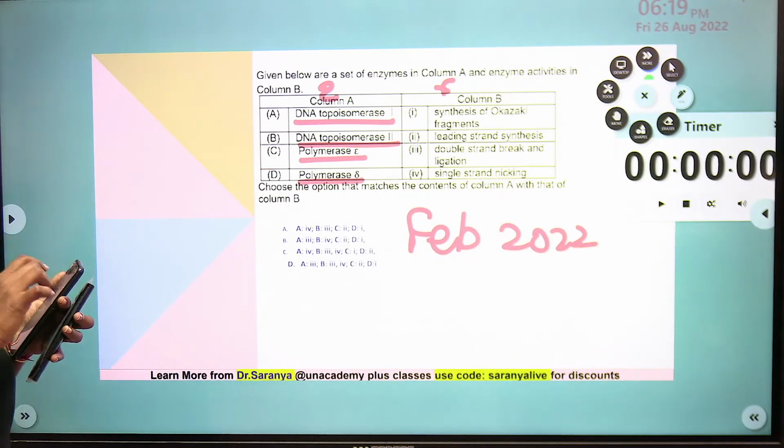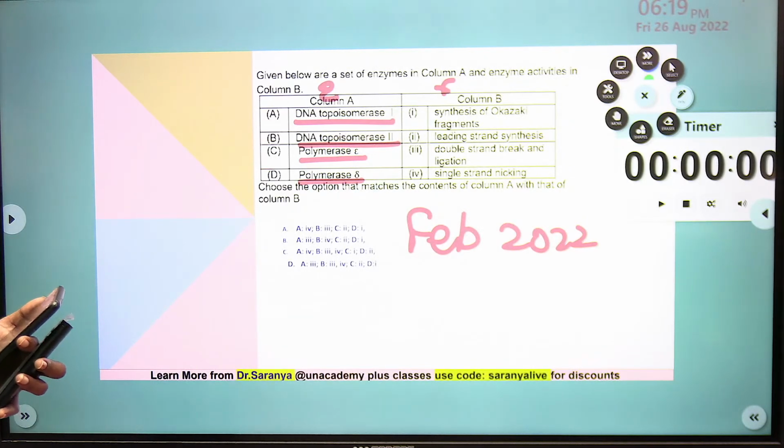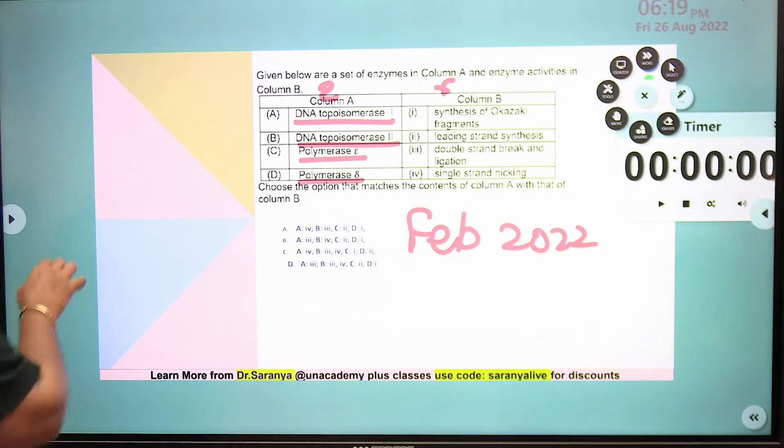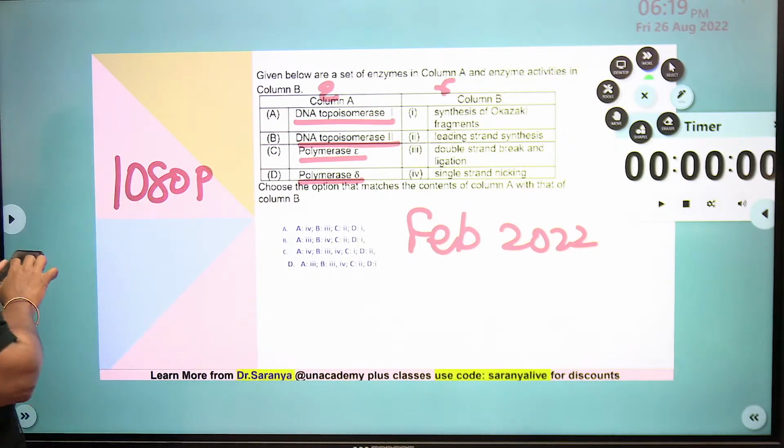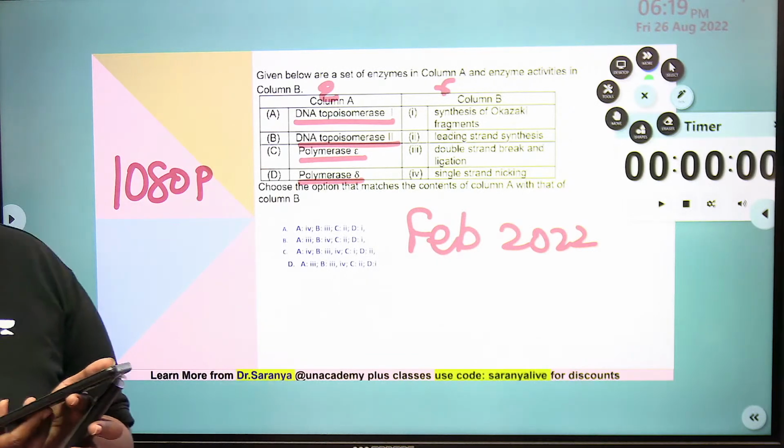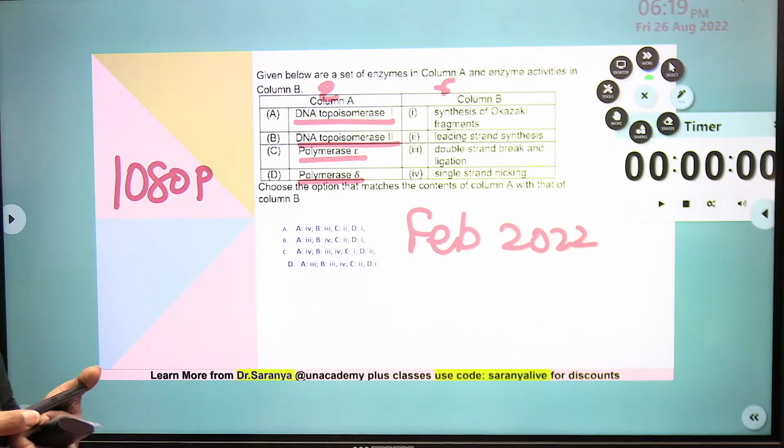Click the settings in YouTube, go to quality, go to advanced and select 1080p. Then you will get a better image quality. Did you check it now? After doing this, did you check it out? Because in my mobile, it is working fine.